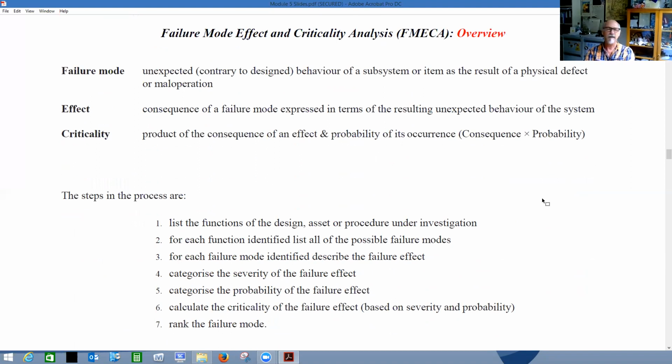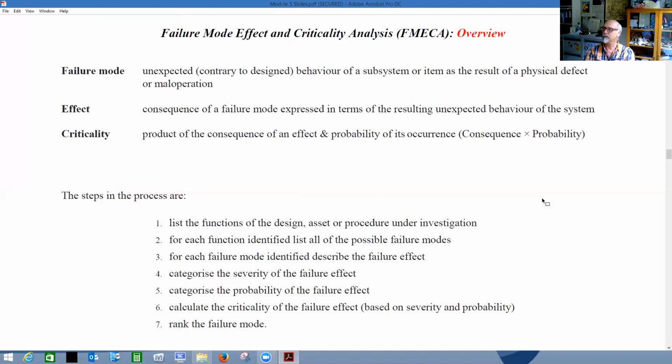So we talk about a failure mode, and that's the unexpected, contrary to design, behavior of a subsystem or item as a result of a physical defect or maloperation. So in other words, if you drive this thing too hard or jump up and down on it or drive it into the ground, well, again, that's a form of fail mode, isn't it? The effect is the consequence of a failure mode expressed in terms of the resulting unexpected behavior of the system. And the criticality is the product of the consequence of an effect and probability of its occurrence.